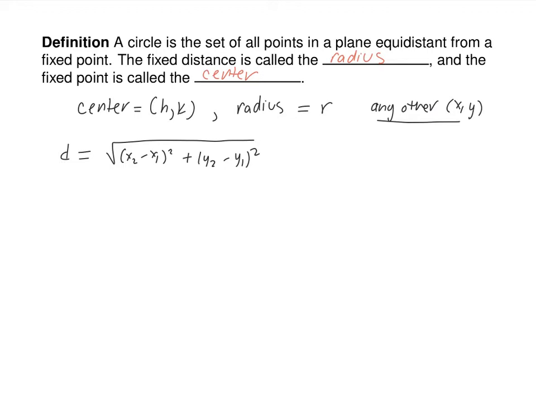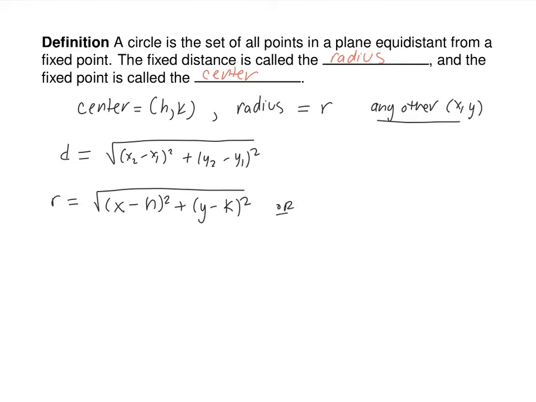How far apart will they always be? They're always going to be r away, so r equals the square root of x minus h, the whole thing squared, plus y minus k, the whole thing squared. Does that make sense? I'm just plugging in x, y for x2, y2, and h, k for x1, y1.